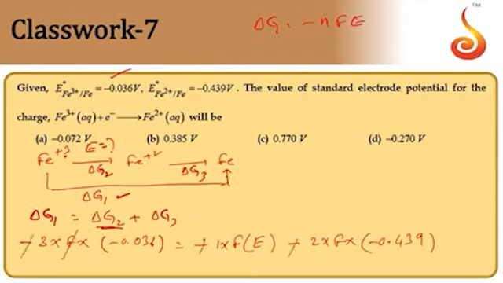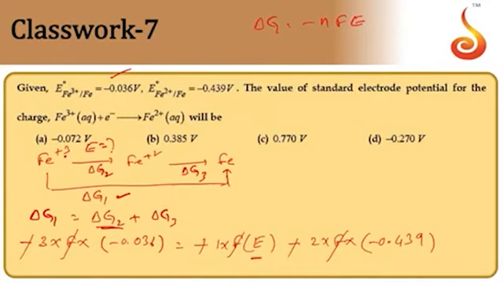We can cancel the value of F throughout here. So we are left with 3 into minus 0.036, and E here, 2 into minus 0.439.